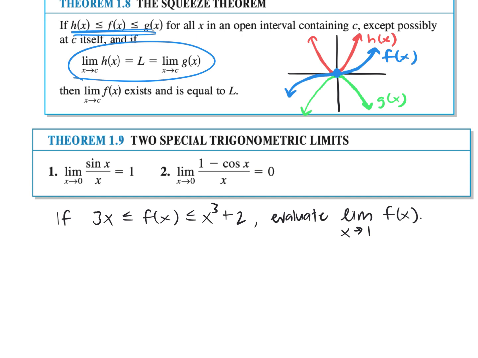Okay, so we know that the function f of x is in between these two functions on the outside, which are technically the h of x and g of x functions, right? In terms of that notation that we have up there from theorem 1.8.